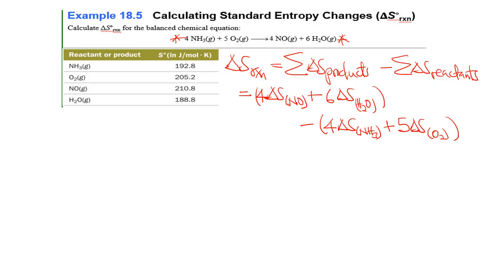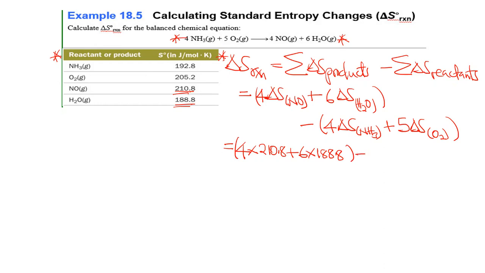And we are given all the deltas in this table. So we are going to start plugging in the numbers. This is 4 times, and the delta S of NO is this one, 4 times 210.8, plus 6 times the delta S of water, which is 188.8. So we have covered the products.